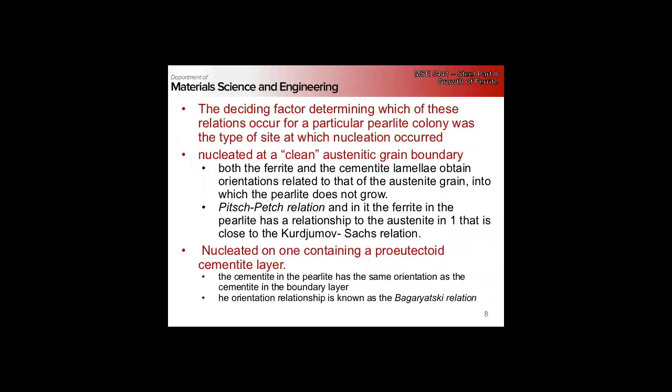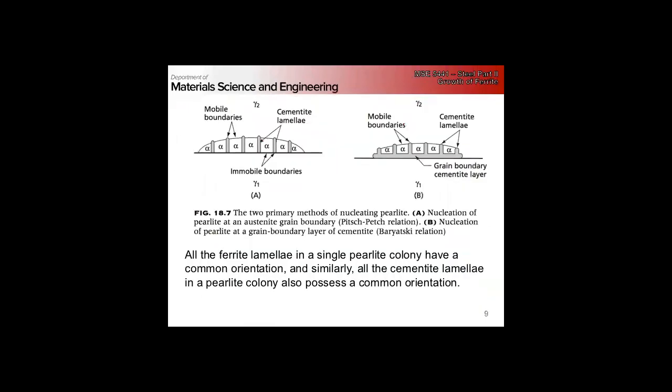What is important is we've got two primary mechanisms. We've got either nucleation from a prior austenite grain boundary or nucleation from a proeutectoid cementite layer at the grain boundary. And that gives us an initial different morphology. We're going to have a different orientation relationship with the neighboring austenite grain because of that.